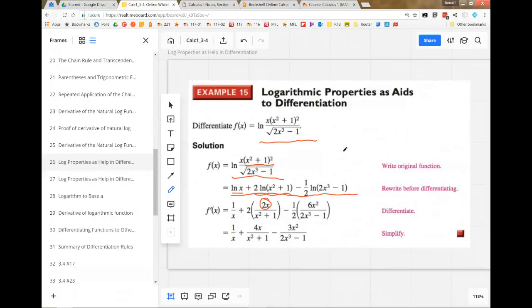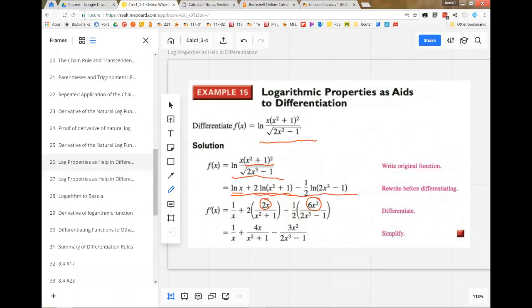And then on the last one, 1/2 times the natural log, so it's 1 over 2x cubed minus 1. Derivative of the inner function, 2x cubed, is 6x squared. That's where that numerator comes from. And then basically just reapply: the 2 times 2x is 4x, and the negative 1/2 times 6x cubed is negative 3x.